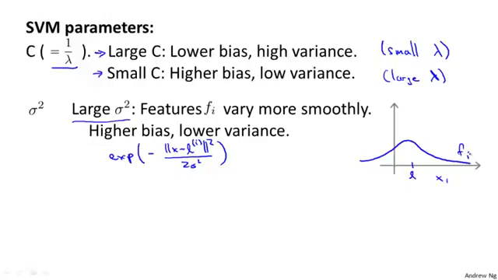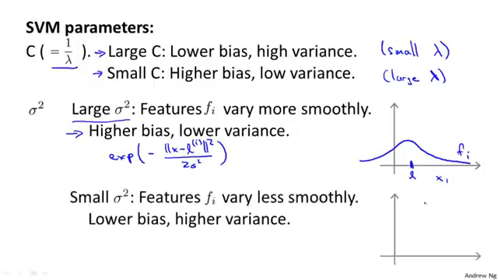So this feature f_i would be a smoother function that varies more smoothly, and this will give me a hypothesis with higher bias and lower variance. Because the Gaussian kernel falls off smoothly, you tend to get a hypothesis that varies slowly, or very smoothly, as you change the input x.